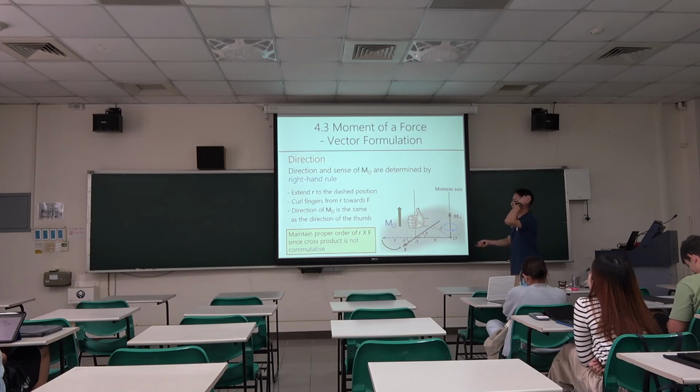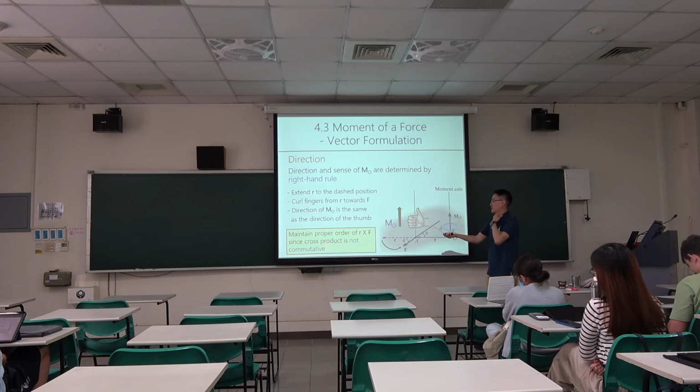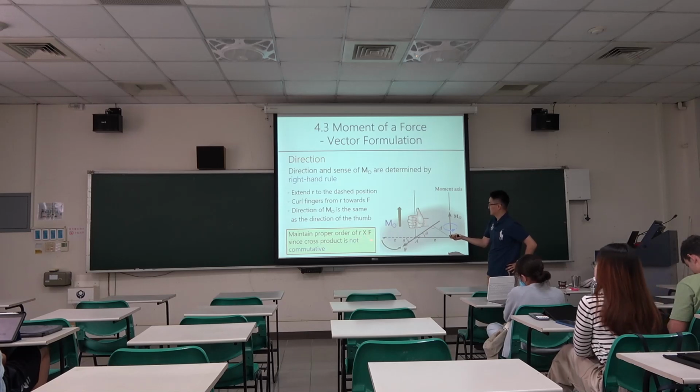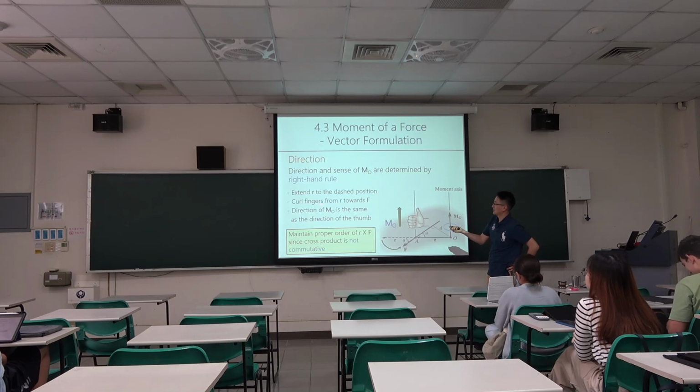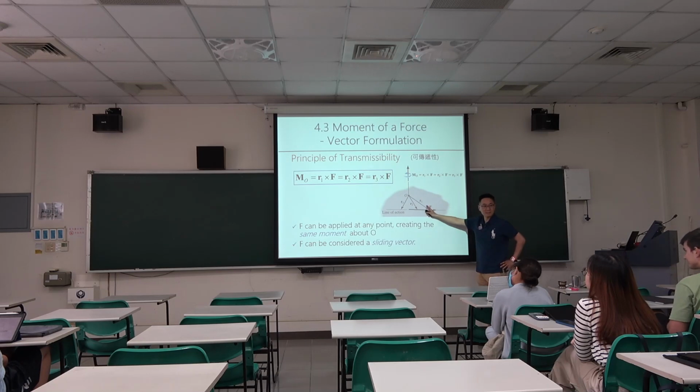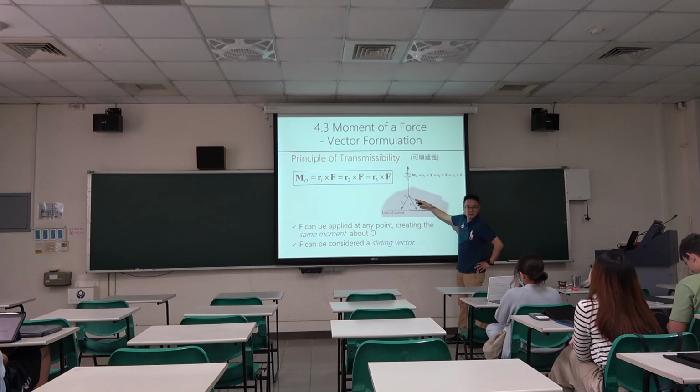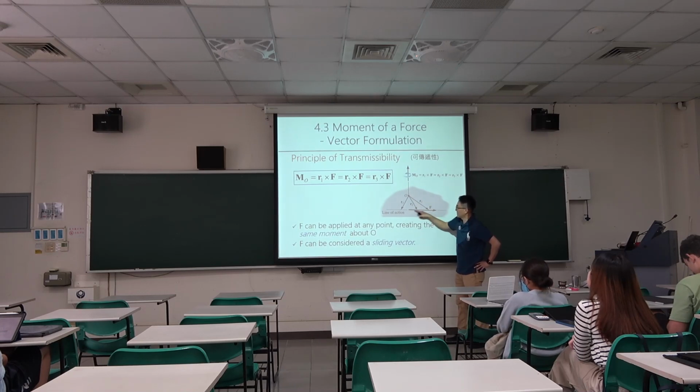So we use a proper order of cross product. Okay, here I already mentioned. Here is an explanation. It doesn't matter which one is the position vector, as long as from the reference point, this vector connects to the force vector.